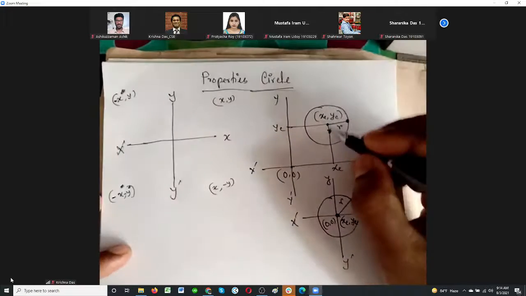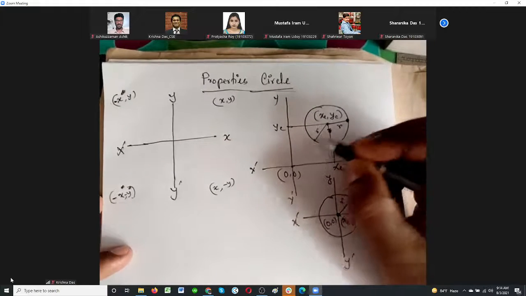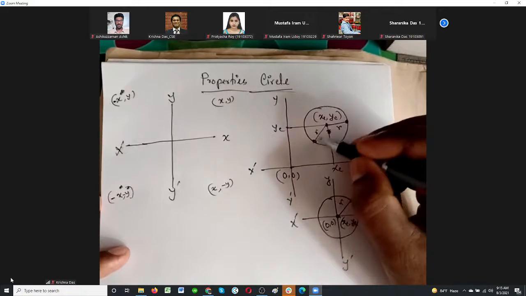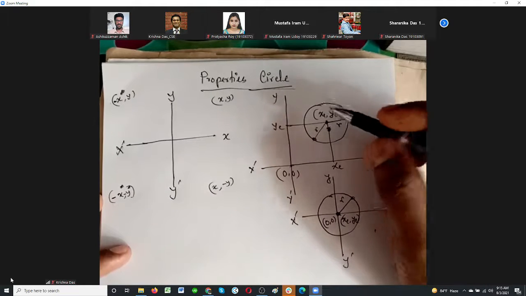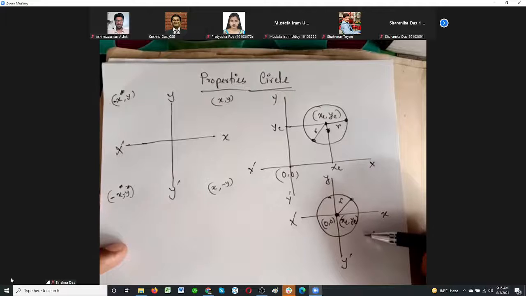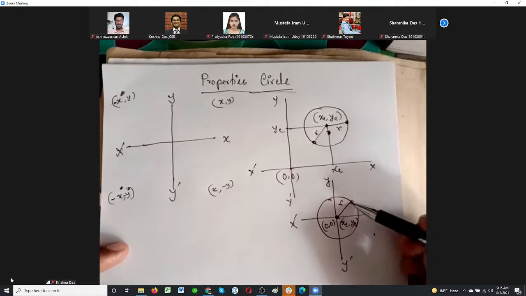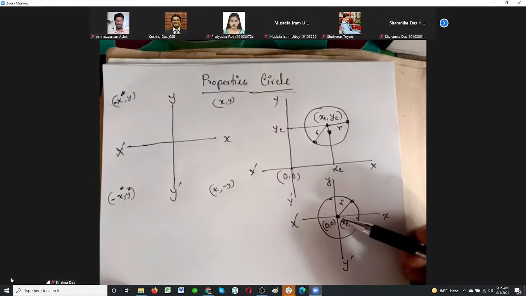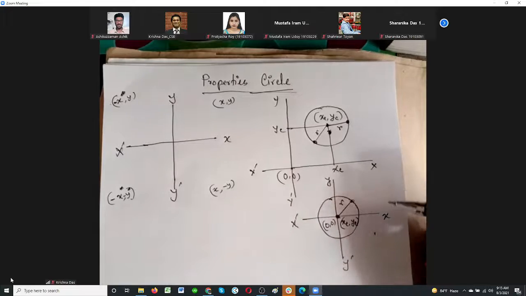Because whatever you get, any point and the center, you can find out the radius, and then you can draw. But for this circle, you need only a point which will tell you your radius, because by default you know your center is the origin, and from that you can find out the coordinate value.